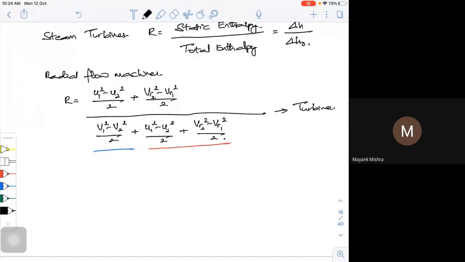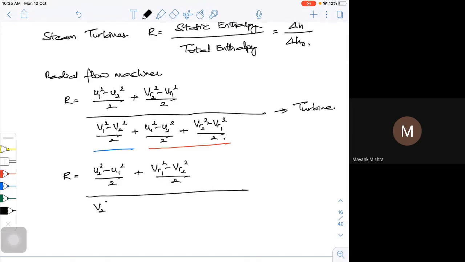If I try to write the same thing for a compressor, I can write it as U2 square minus U1 square by 2 plus VR1 square minus VR2 square by 2, the whole thing divided by V2 square minus V1 square by 2 plus U2 square minus U1 square by 2 plus VR1 square minus VR2 square by 2. This is for a compressor or a pump.